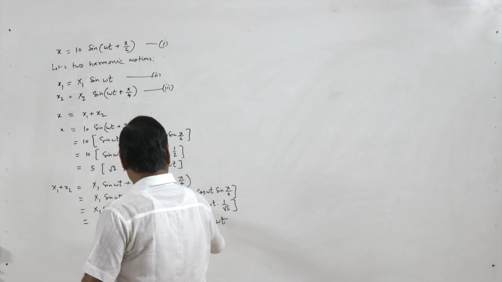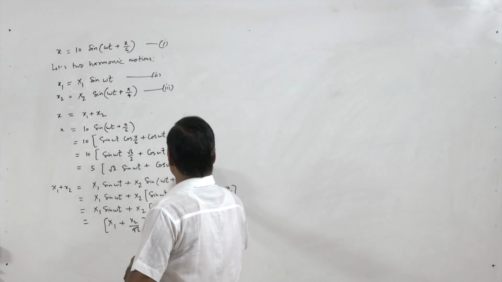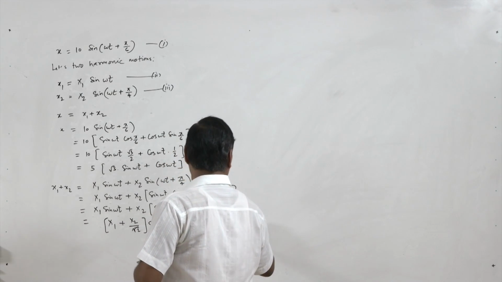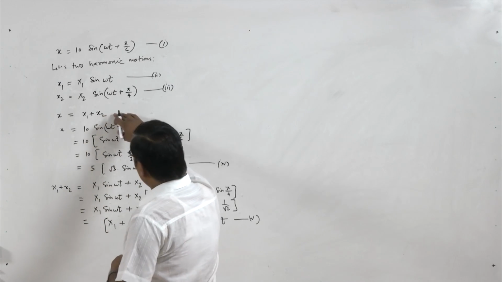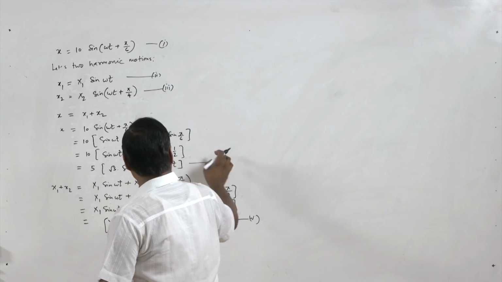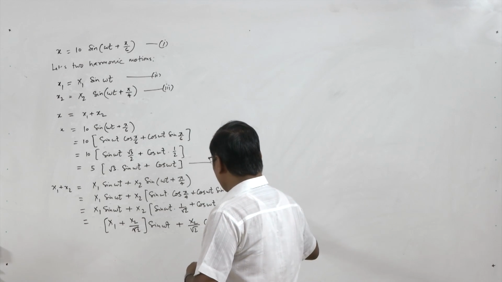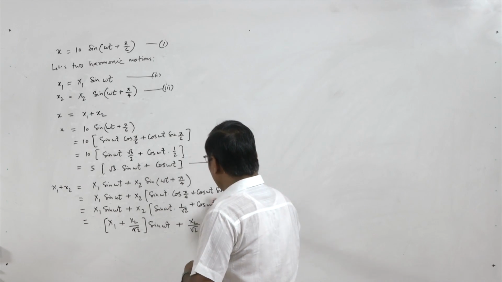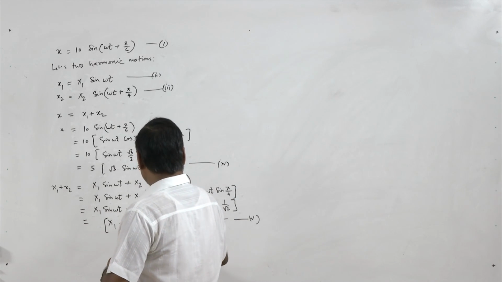So (X1 plus X2 by root 2) sin omega t, this is equation, let's say 4, and this is equation 5. Because we write x equal to x1 plus x2, we can equate equation 4 and equation 5, meaning the coefficients of sin omega t and cos omega t should be the same.